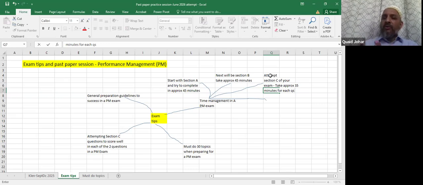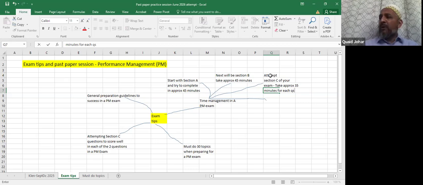And the narrative questions usually take less time compared to the numeric questions, right? In numeric questions, you will be taking more time because you have to think, you have to use the calculators, you have to use the formulae. So it takes some time.